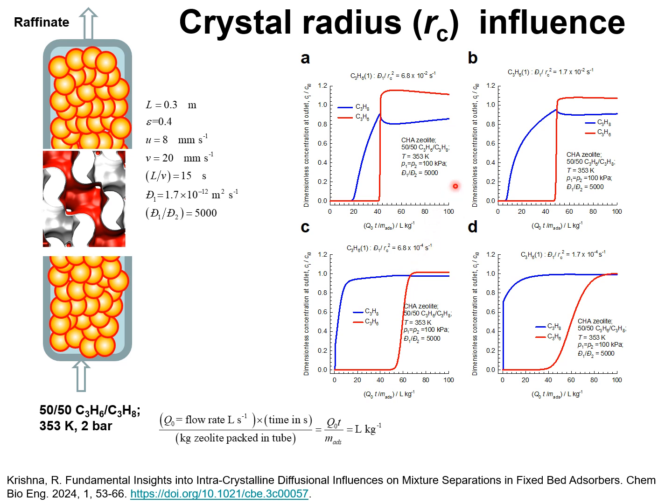Therefore, we conclude from these simulations that the extent of diffusional influences have a very strong influence on the sequence of breakthroughs and also the extent of roll-up of propane.